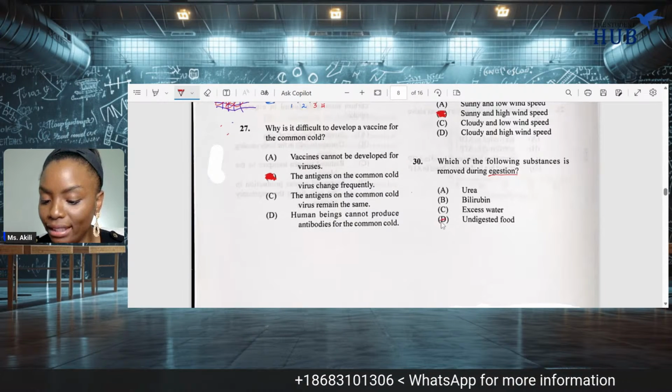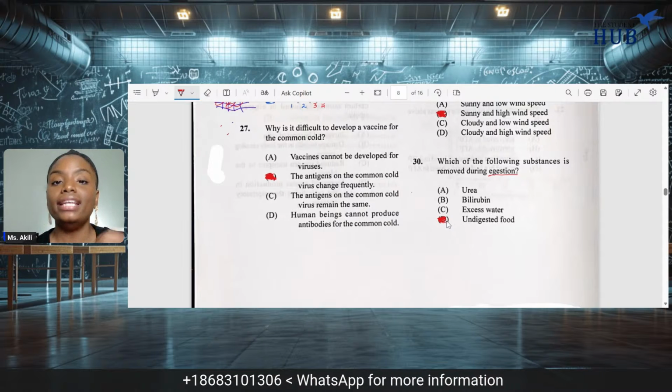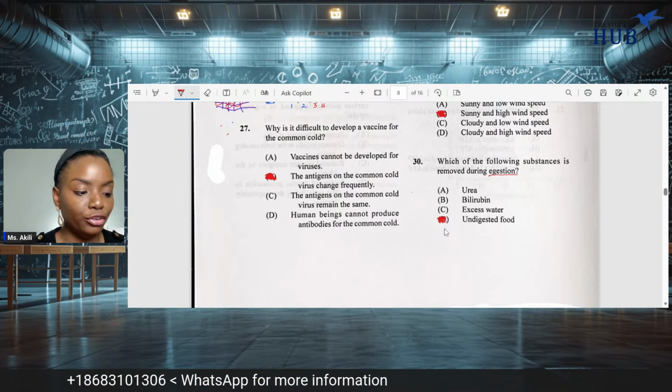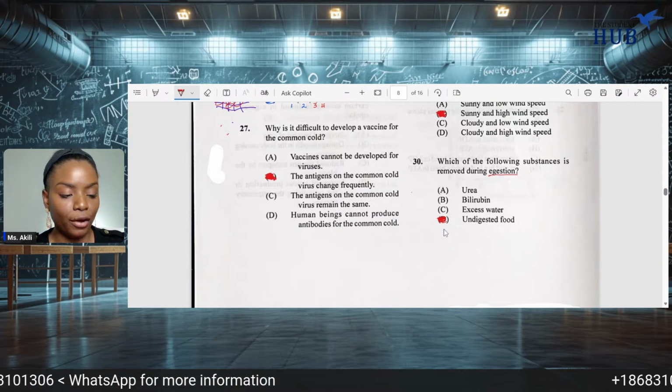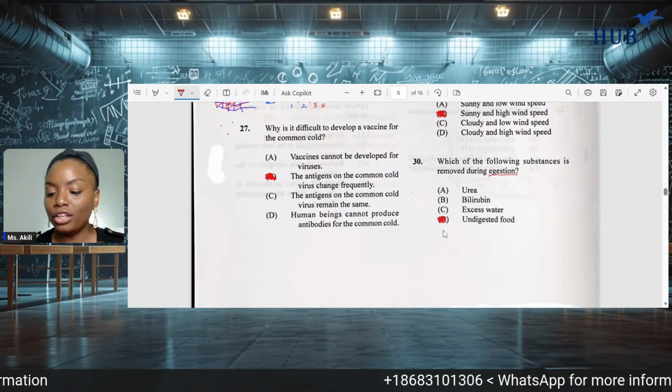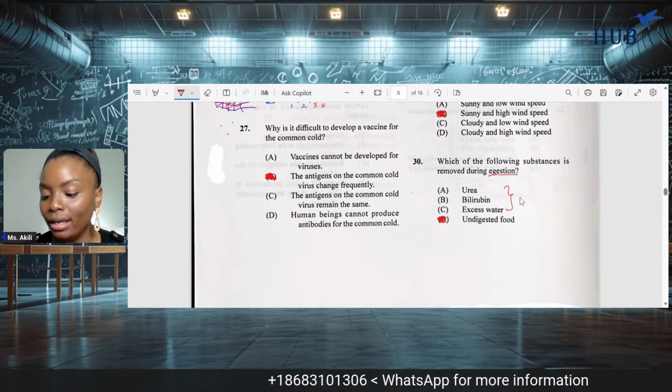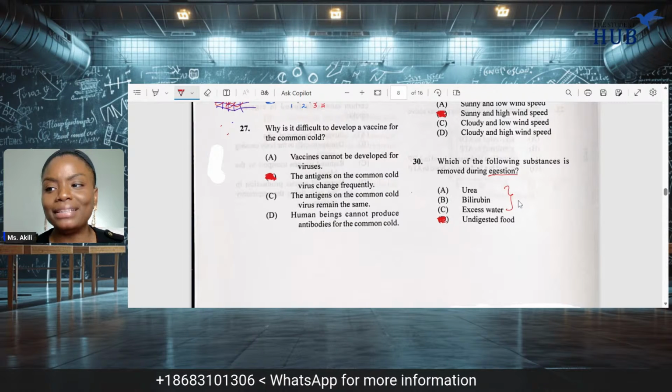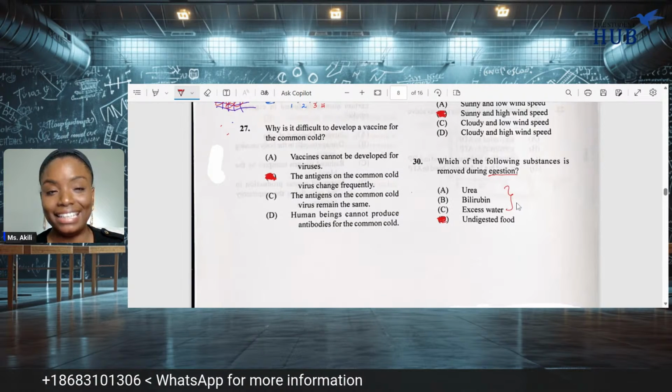It's going to be D, undigested food. Egestion, by definition, is the removal of undigested food from the alimentary canal, right? Or your digestive tract, right? The rest of them will be what other process that people tend to confuse with egestion?